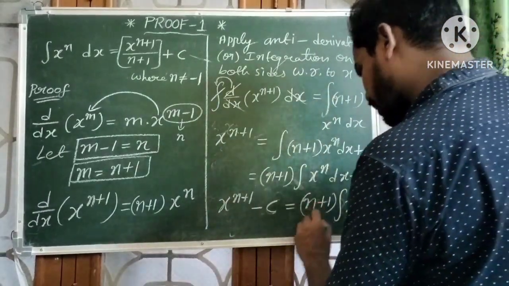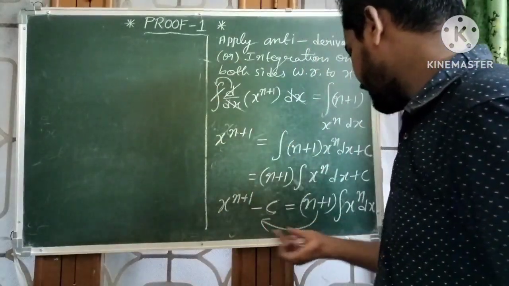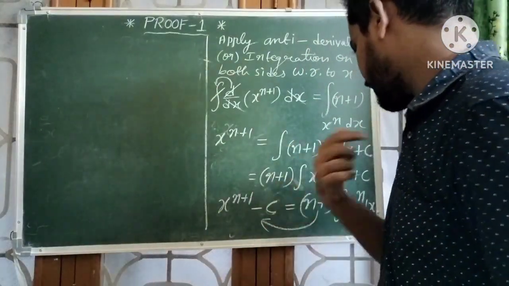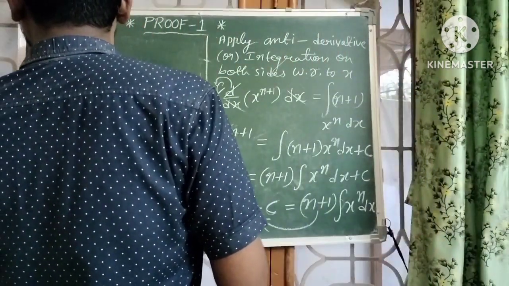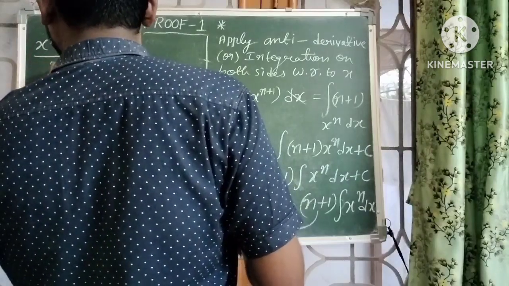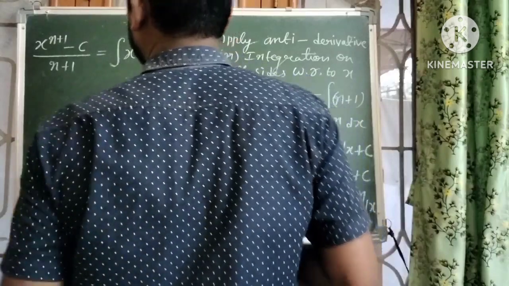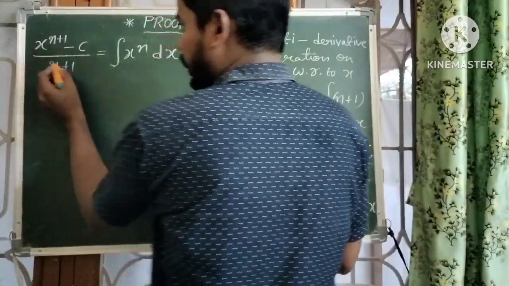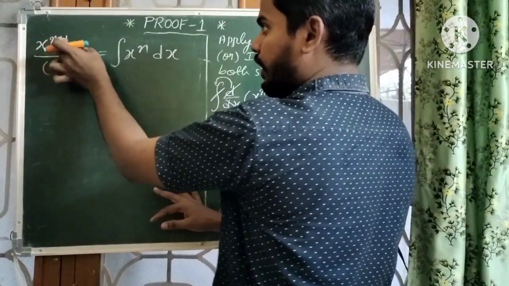Next, transpose n plus 1. Multiplication becomes division, so it goes to the denominator: x power n plus 1 minus small c, divided by n plus 1, is equal to integral x power n dx. Here n plus 1 is the common denominator of x power n plus 1 and c.